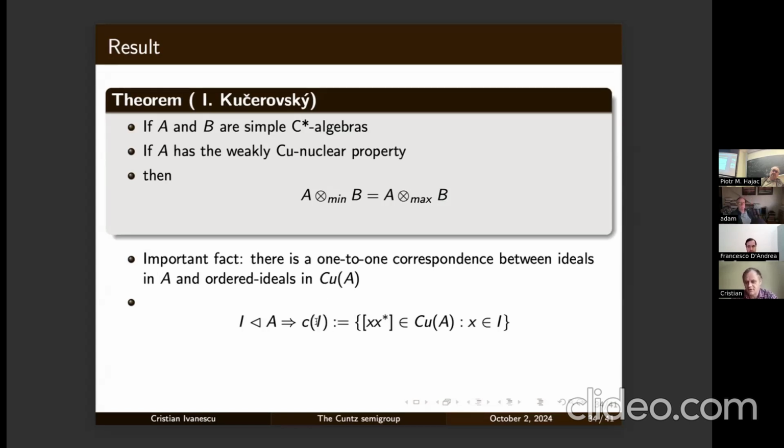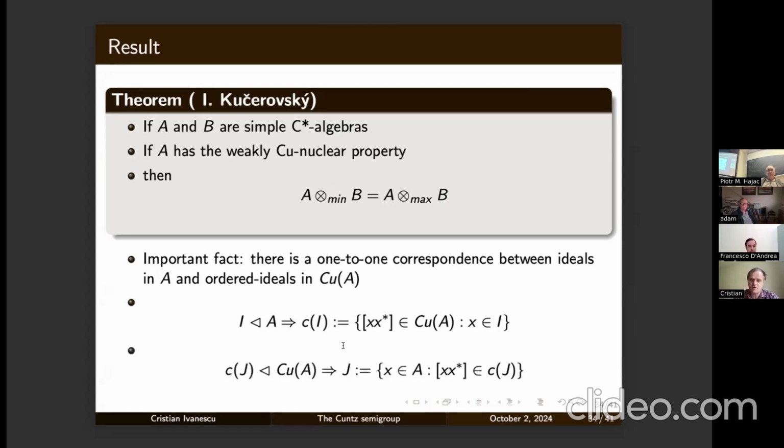An ordered ideal in the Cuntz semigroup is a subsemigroup that also has a hereditary property: if you have something dominated by an element in the subsemigroup, then that element has to belong to the subsemigroup as well. So we obtain the following C(I). This is going to be an ordered ideal inside the Cuntz semigroup. It is just all the classes of positive elements x such that x is in I.